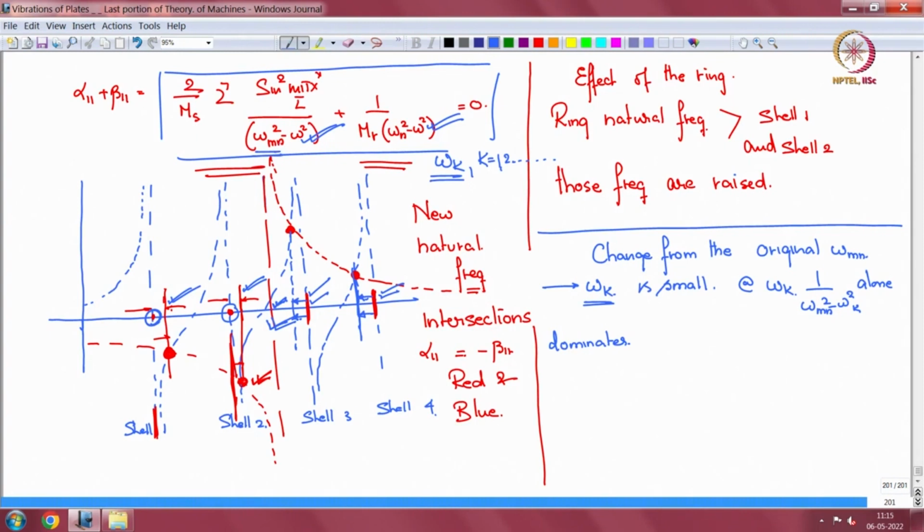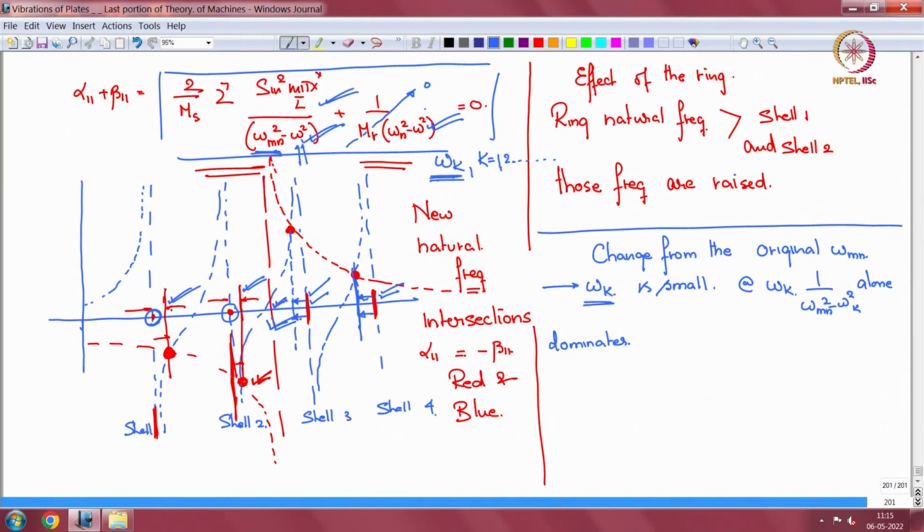If the ring was not there at all, then every omega is omega mn, they don't change. You can see that, right. If I drop this to 0, this is the only term I have, then every natural frequency is omega mn. But because of the presence of the ring, there is going to be a shift, and if that shift is small, then whenever you put an omega k that is close to one omega mn, that term will dominate.